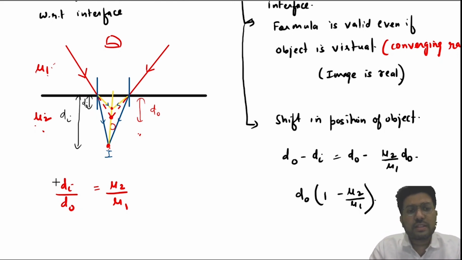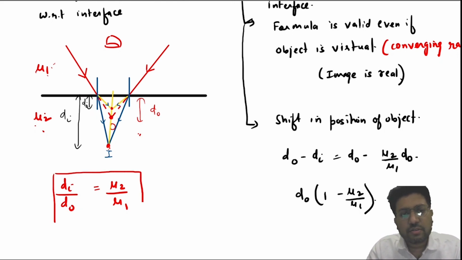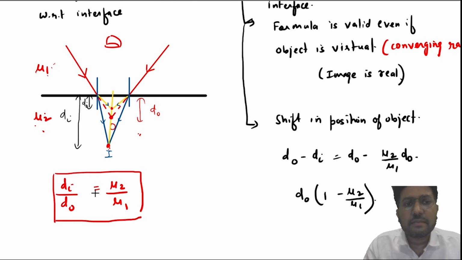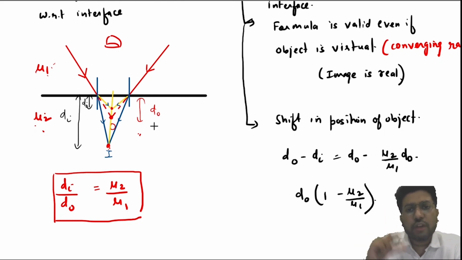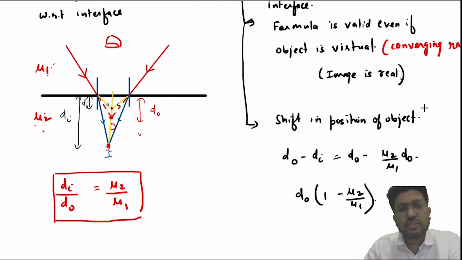But in both cases the formula is the same: di by do is equal to mu2 by mu1, where mu1 is the refractive index of the incident side and mu2 is the refractive index of the refracted side, right? I hope everybody has understood this by now. And sometimes they also ask you the shift in the position of the object. So the shift in the position of the object is defined as do minus di.